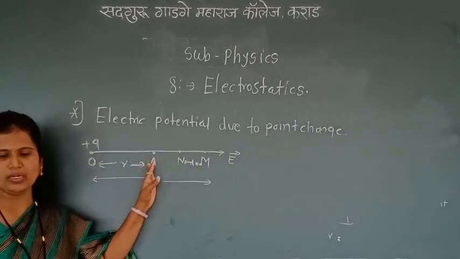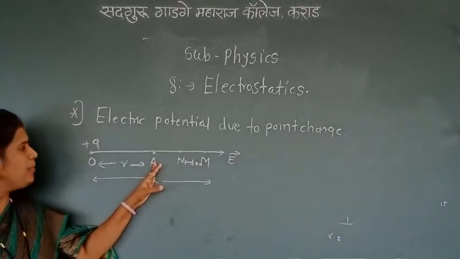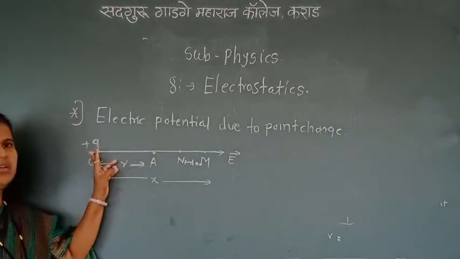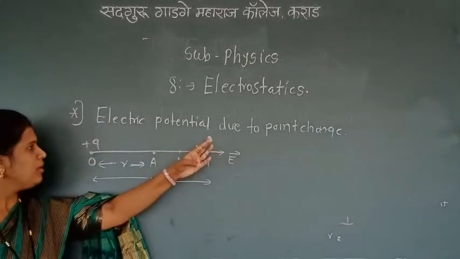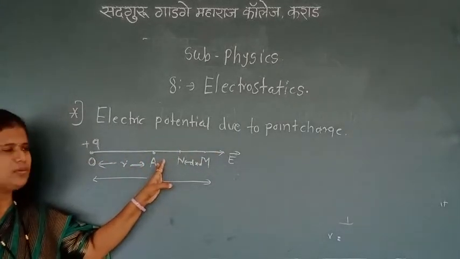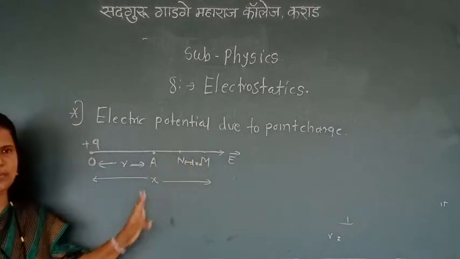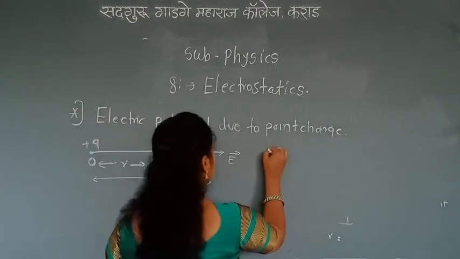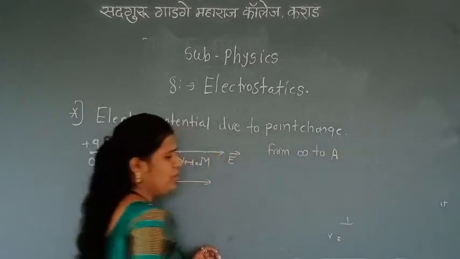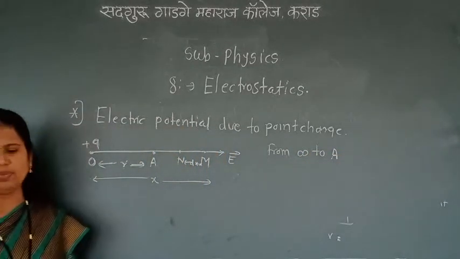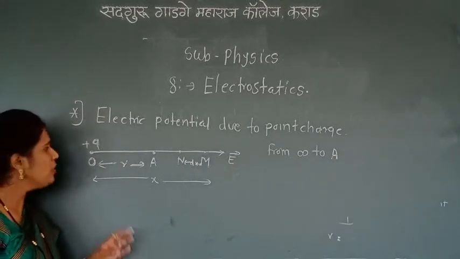It is the amount of work done in bringing the unit positive charge from infinity to A. Bringing the unit positive charge from infinity to A, there is work done.